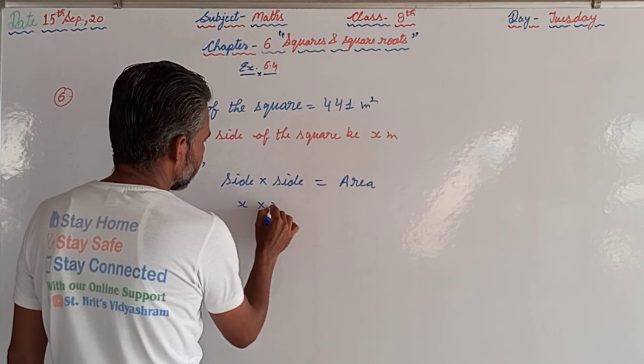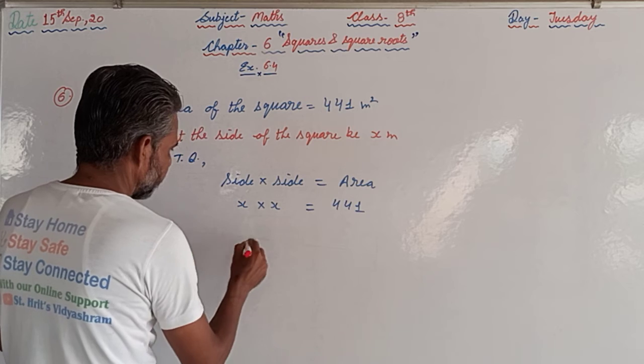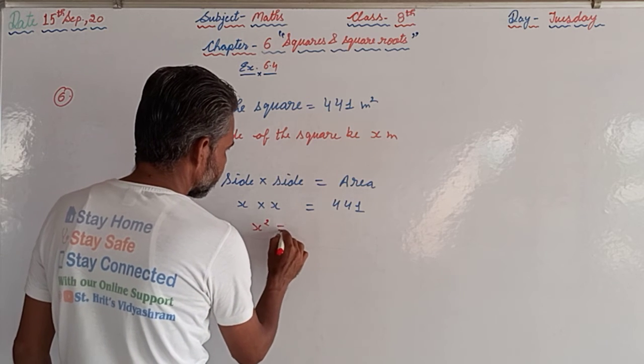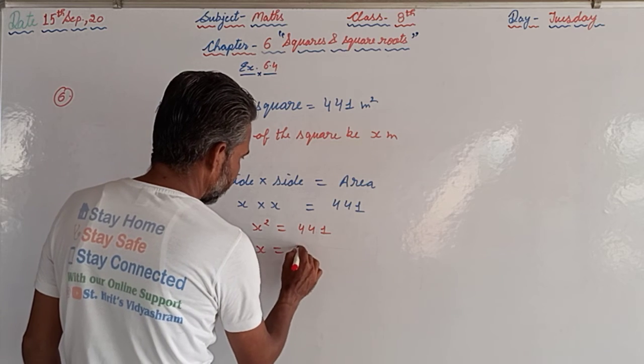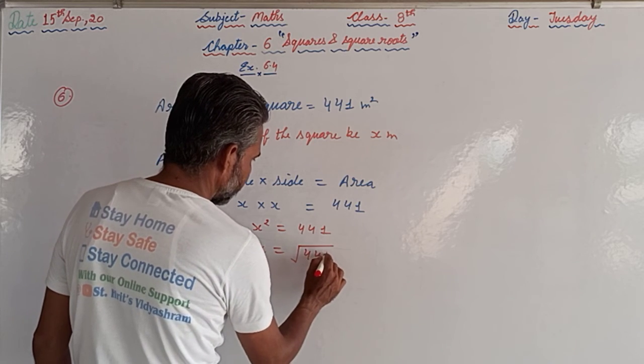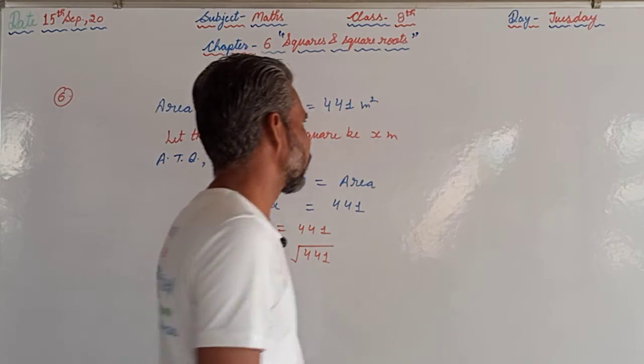Side is x into x, that is 441, x into x means x square is equal to 441. x will be under the root 441, means we have to find the square root of 441.